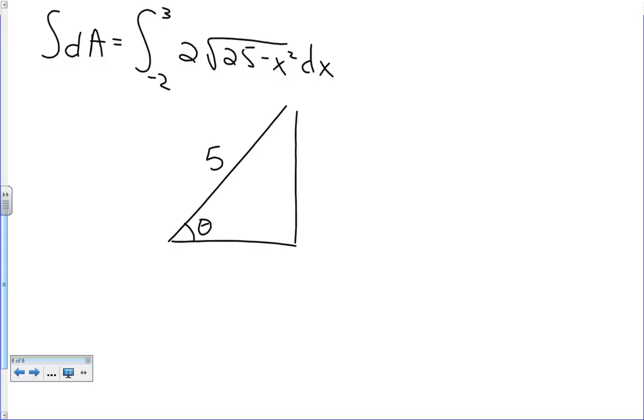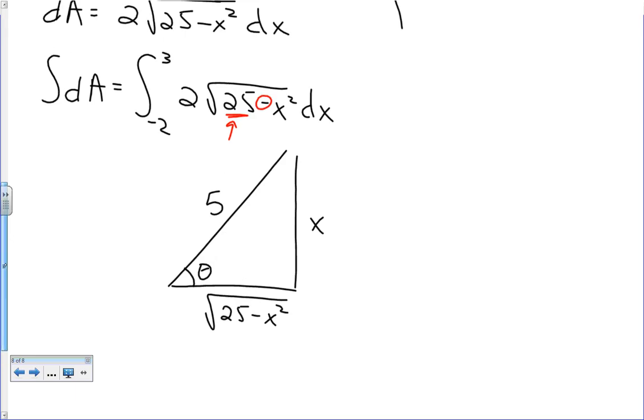This term, since it's subtraction, tells me this is the hypotenuse. Then the vertical leg, I'm going to make x, and the horizontal leg is the square root of 25 minus x squared. Our choice here is to make the vertical leg x every time if we can. But if x is on the hypotenuse, then we put the radical on the vertical leg.